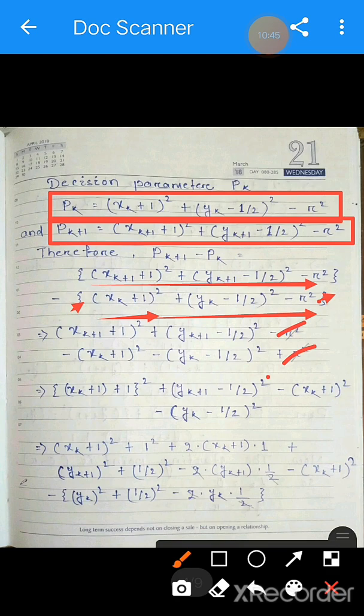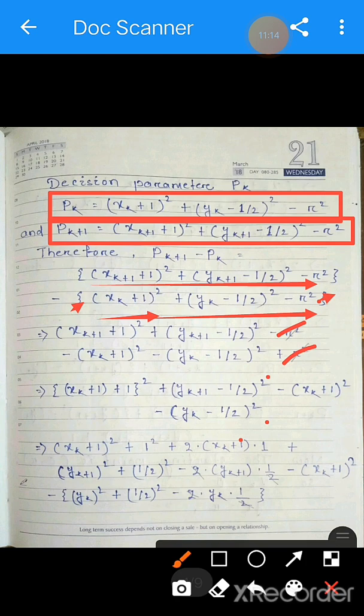Here (xk plus 1) whole square, that means xk plus 1 is the next pixel point. So the expression is (xk plus 1) whole square plus (yk plus 1 minus half) whole square minus (xk plus 1) whole square minus (yk minus half) whole square.